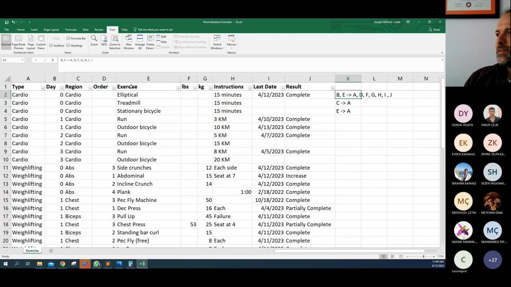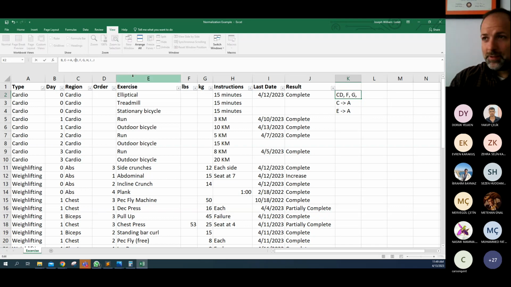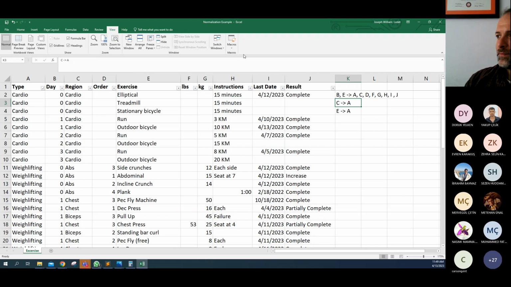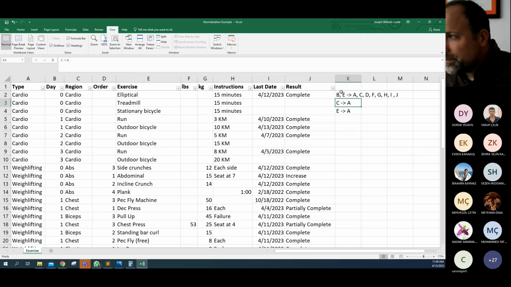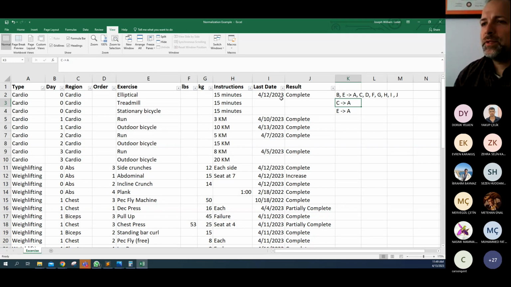Sorry, this is what happens when you don't name your stuff well. All right. We still can stick though with the other stuff where C determines A. What I really wanted was for C to determine B, but that doesn't, so it's not wrong.